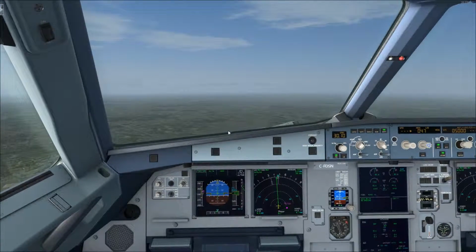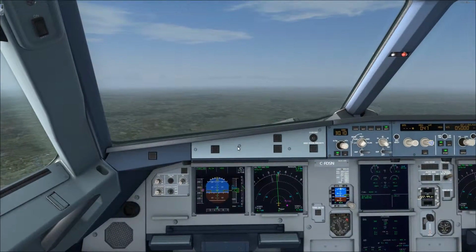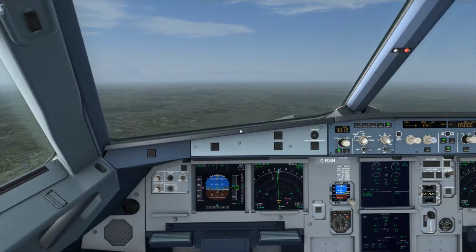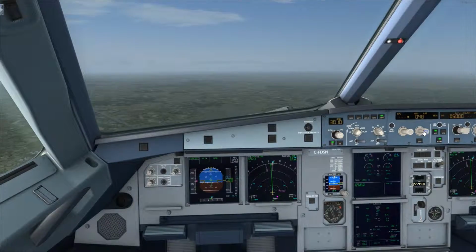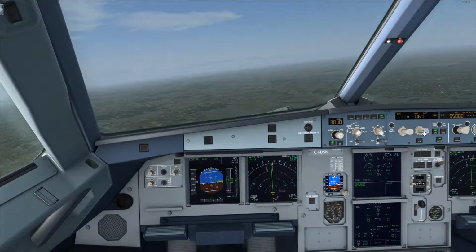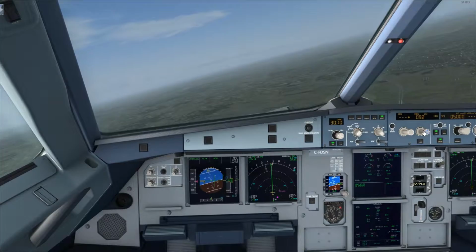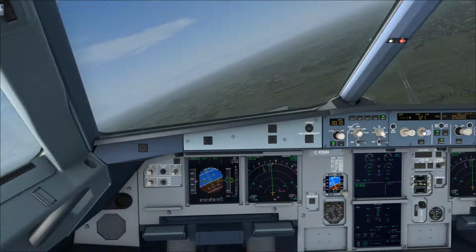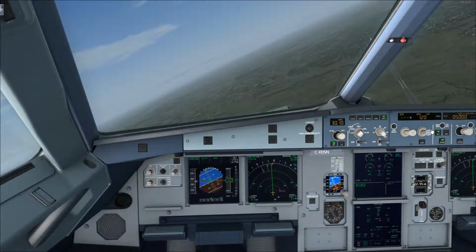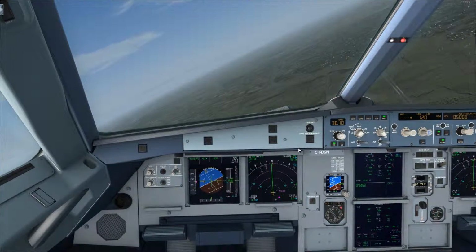Alright, so let's say at this point ATC comes online and they tell us turn right 120. So we're going to turn right to heading 120. And we're going to pull on that to make sure it's captured.